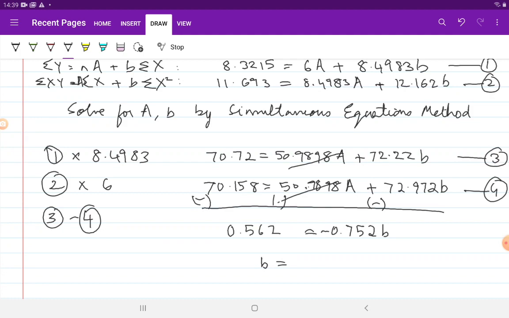So B is a negative number. It will be 0.562 divided by 0.752, which is approximately 0.747.